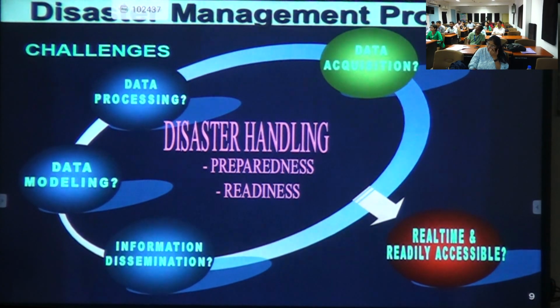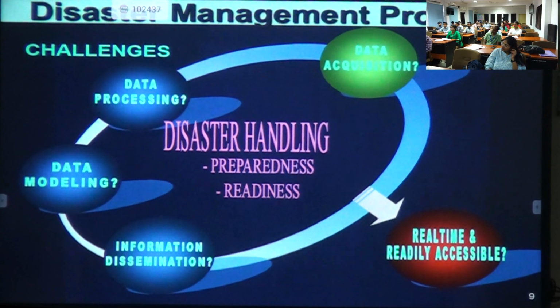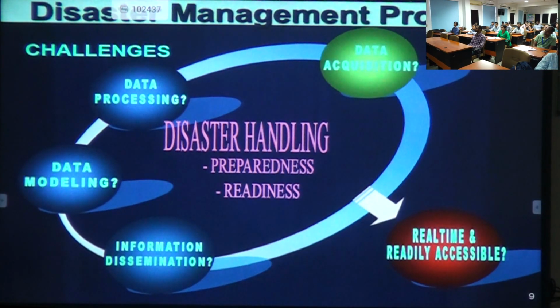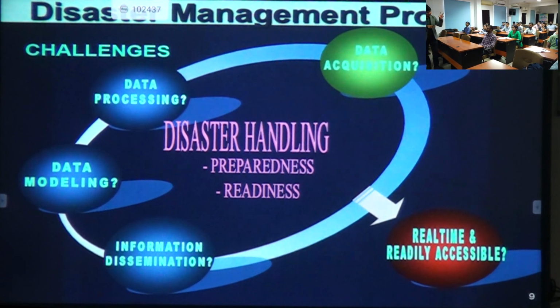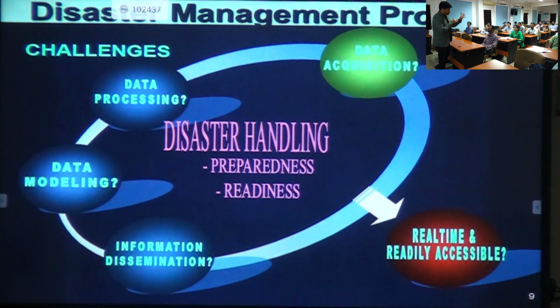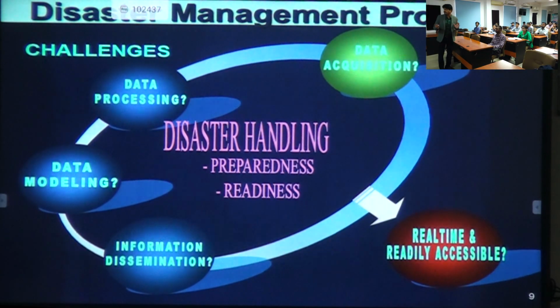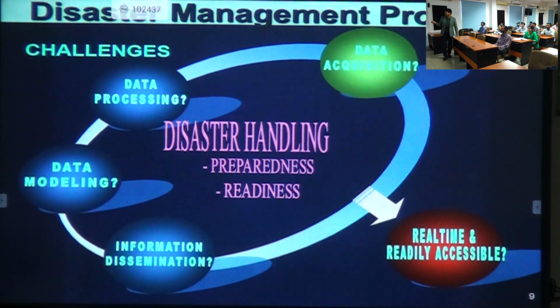You have data acquisition, depending on what sorts of data, depending on what kind of geohazard or disaster that we are addressing, then data processing. Again, this is critical because of knowledge as well as the resources you have. Same thing also goes here as well. Data processing is a big step by itself, right?